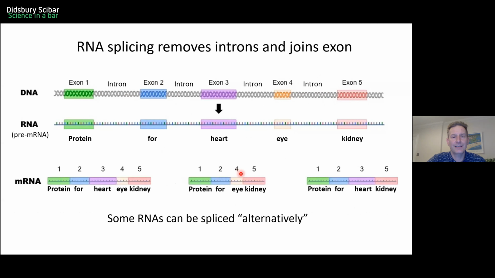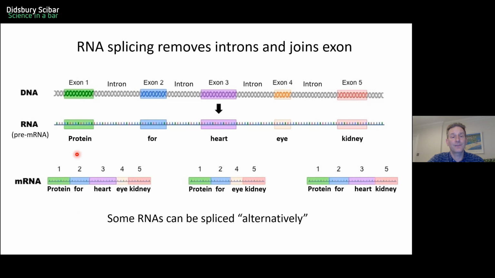So if we go on to the next slide, what I've done here is these are some typical RNAs that you can get after splicing. So what happens here, as you can see in this first example, each of these introns, the 1, 2, 3, 4 introns between 5 exons have been removed, and these 5 exons have been spliced together.